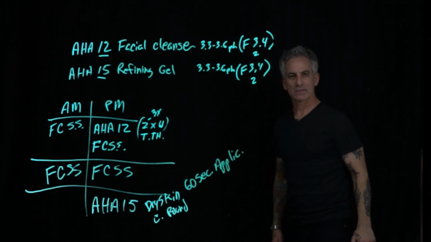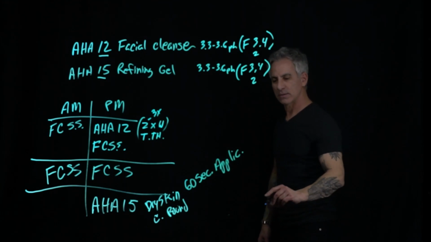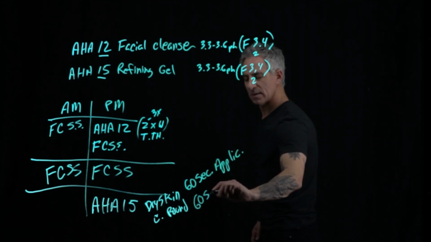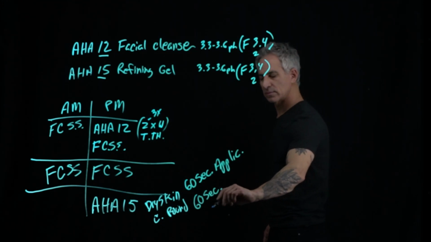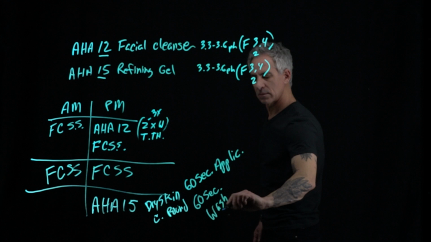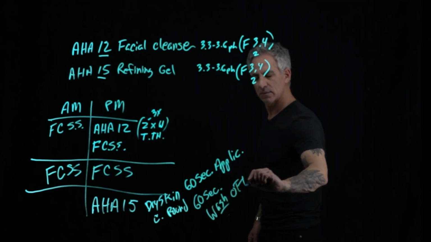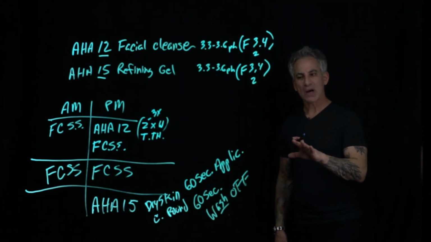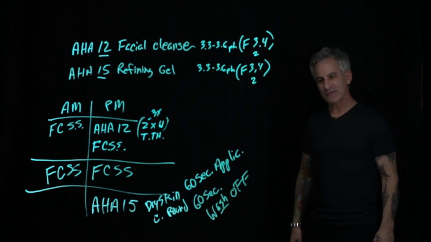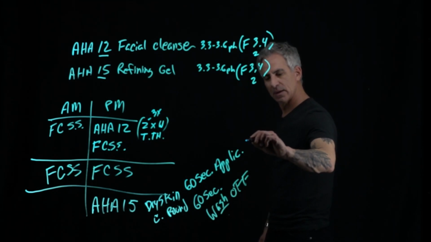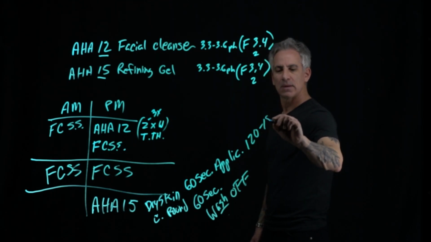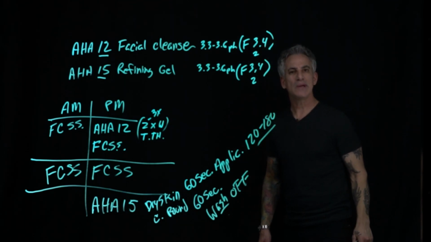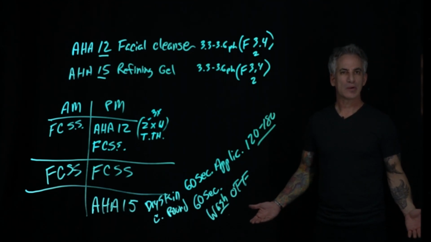The application, leave on 60 seconds, then wash off. So the entire process for applying AHA15 is roughly 120 to 180 seconds, or basically 3 minutes.